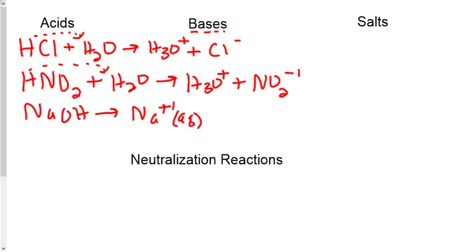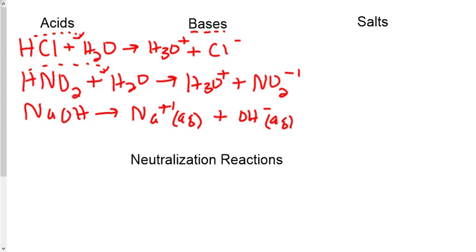That's what the AQ stands for, aqueous. And then plus an OH minus ion, and write that as aqueous as well. So we just show the OH and the Na splitting apart in water, and that's a very simple look at what bases do in water.